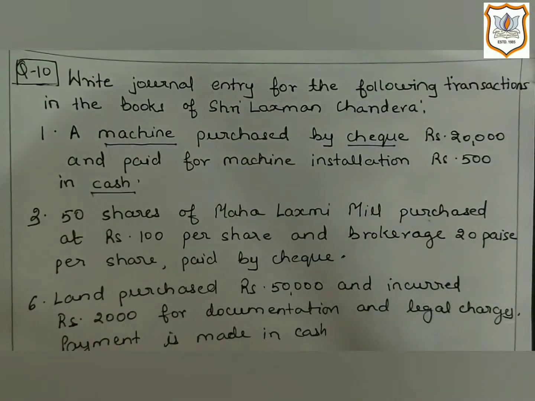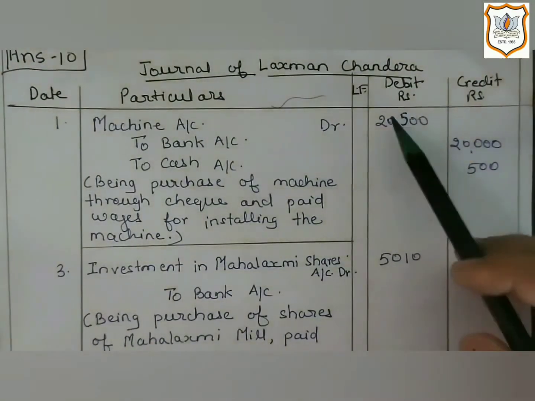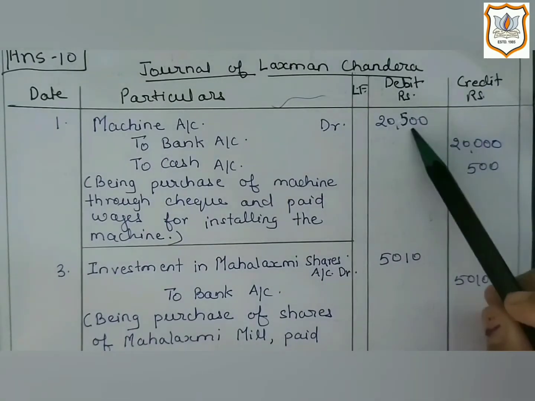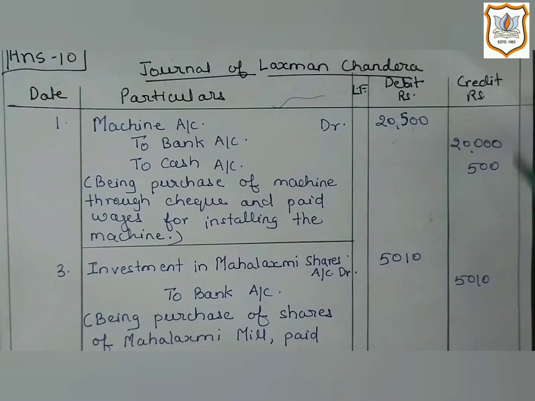As I just explained, in case of an asset, if any expense is paid related to it, then that expense is added to the value of the respective asset. So here we will not write the value of the asset as 20,000, we will write 20,500. That means 20,000 plus installation expenses 500.